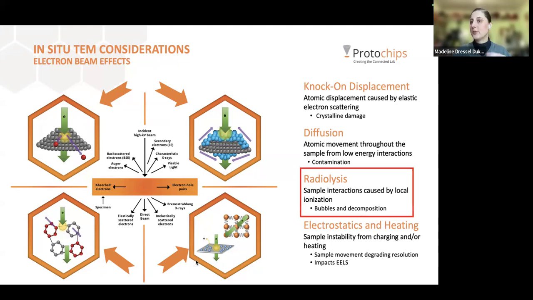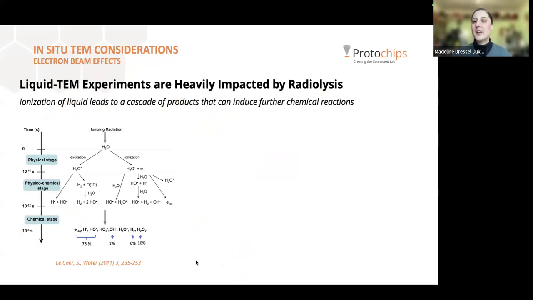And that's because we're no longer in a vacuum. So not only do we have radiolysis and damage to our sample from the beam, but we have decomposition of the liquid that we're using by the beam, and that can create a lot of reactive radical species. And so the example that I really like is, for instance, water, which is very simple.